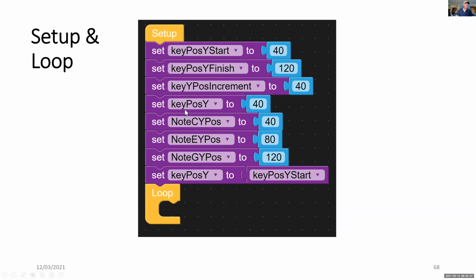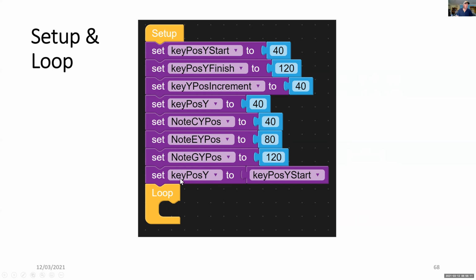So we're going to set the current key position for Y at 40. And for the note C, the Y position is 40. For note E, it's just add another 40 to that. And again, another 40 for G. So the note position for G is 120.